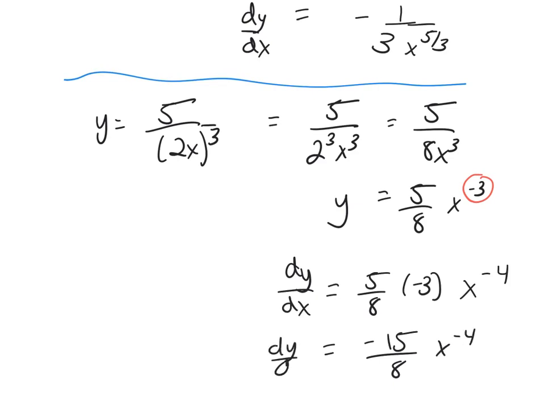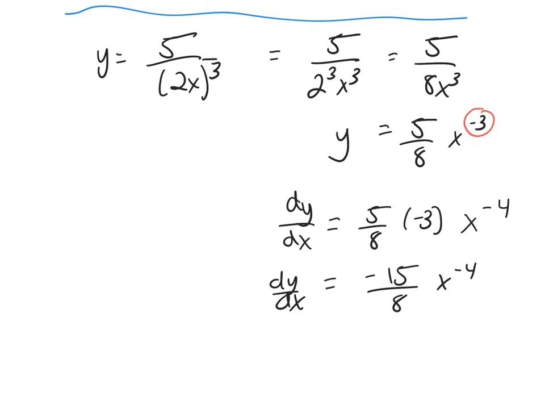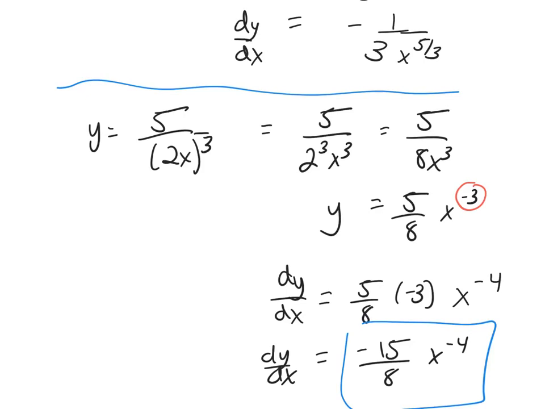That's my derivative. It's very important that you distribute, or that you simplify this exponent. With that 2 on the inside, you can't start by doing the power rule here. You need to multiply that out first, and then once you're done, you can do the power rule there.